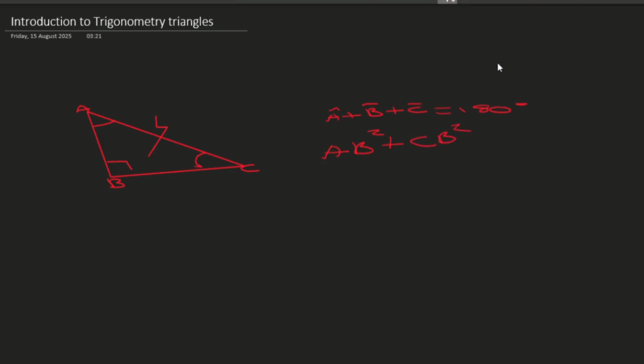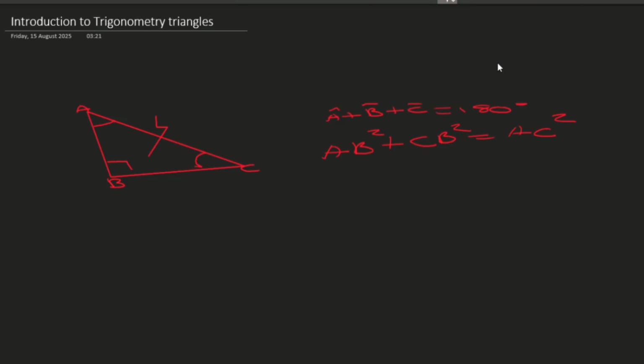So those are the sides of the right angle triangle. This is, remember, called the Pythagoras theorem. Right, this will always be true. So this is another way you can use to solve questions of triangles using trigonometry.